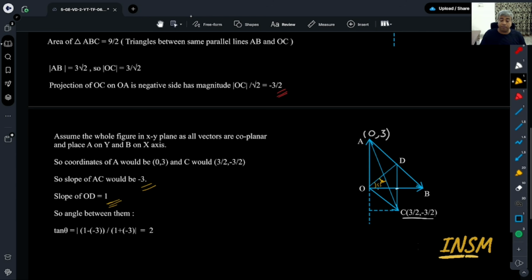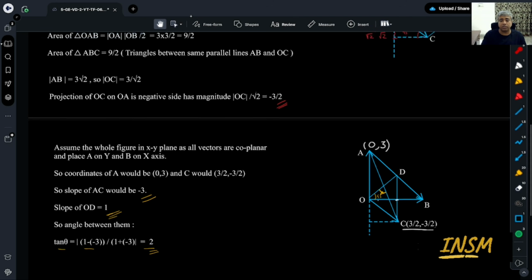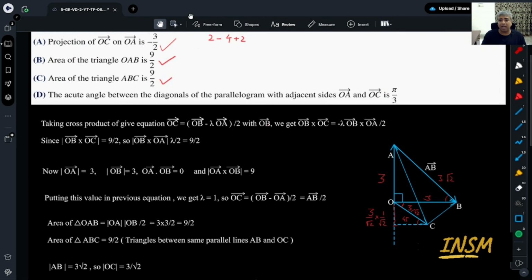Using the formula for the angle between two given lines, tan theta is equal to m1 minus m2 upon 1 plus m1 m2, which gives tan of the angle between these two lines as 2, while the option given says the angle between them is pi by 3. So this is not correct, the angle is tan inverse 2.